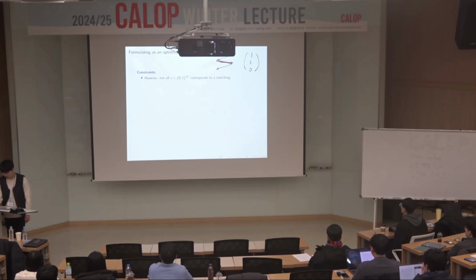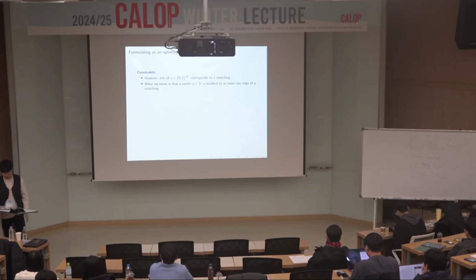This is a 0,1 vector, but it does not correspond to a matching. So the question is, how do we guarantee that you find a matching? How do we impose the condition that this 0,1 vector corresponds to a matching?